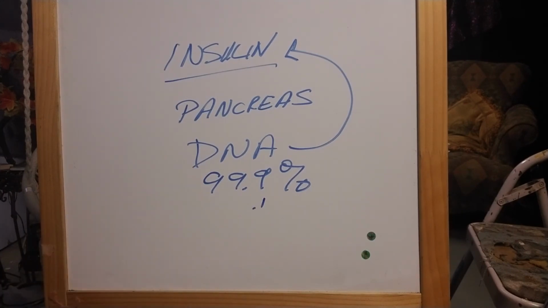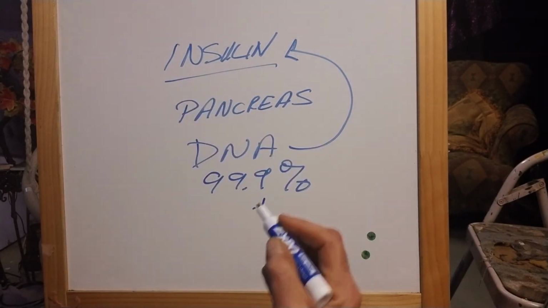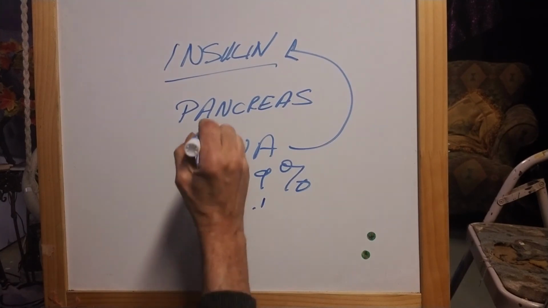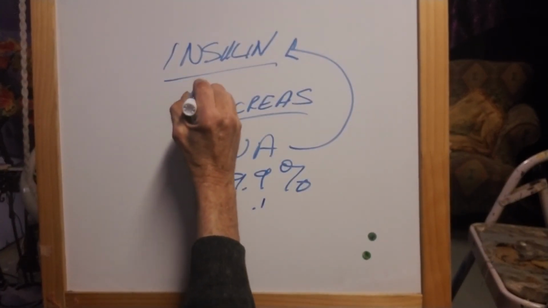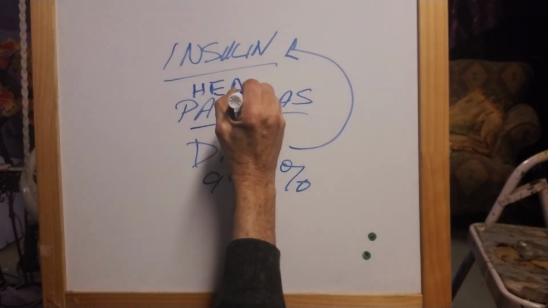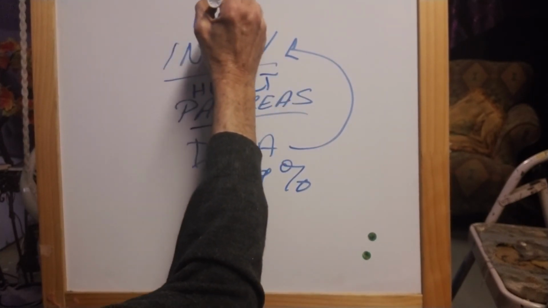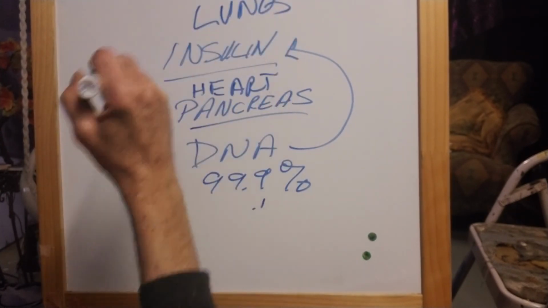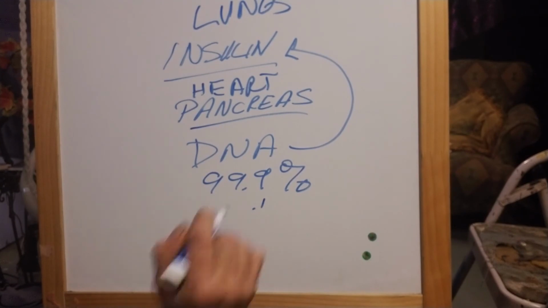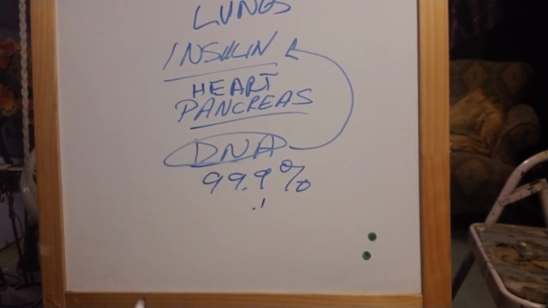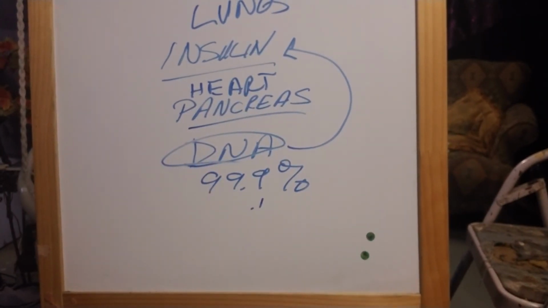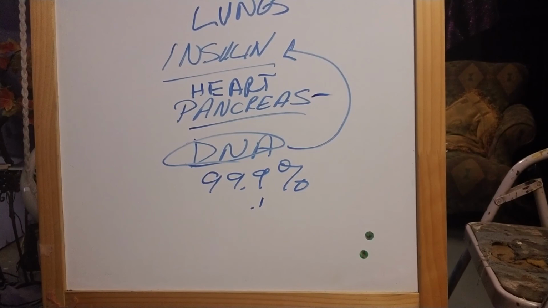But the DNA that's in every cell of your body, doesn't matter if it's the pancreas, the heart, the lungs, the DNA is identical in every cell of your body. But yet only the pancreas can create insulin.